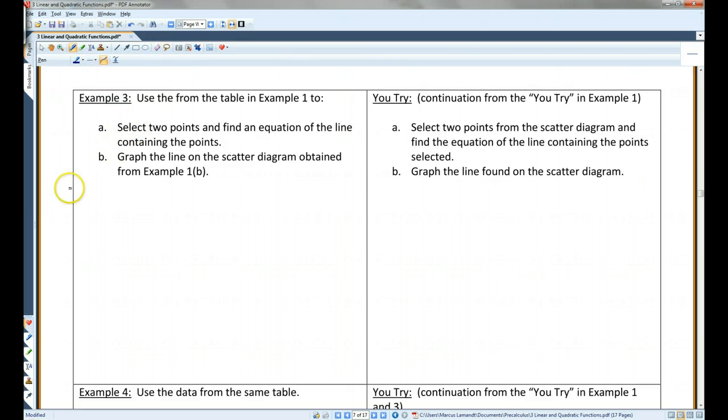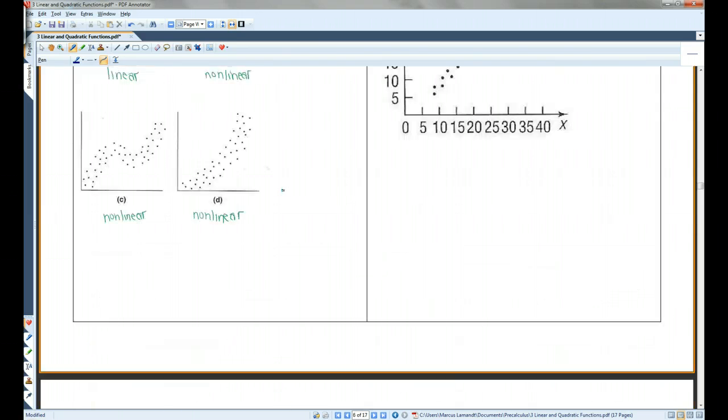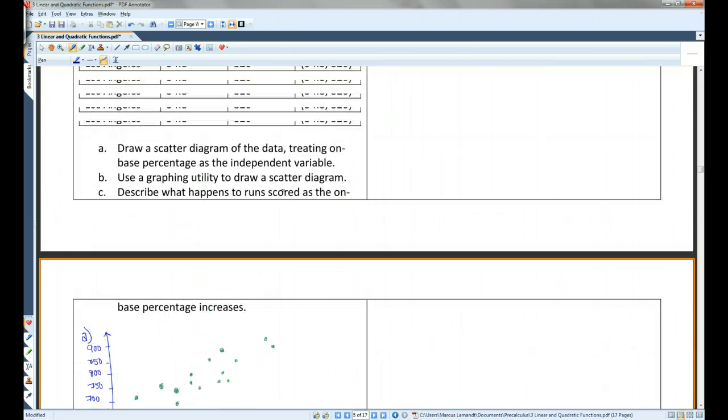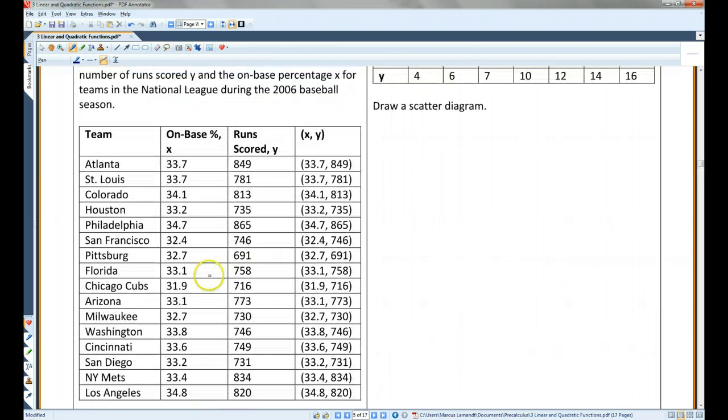I'm just going to pick, let's see, from the chart, 32.7, 730, and 34.7, 865. Basically what I did was I used this chart up here. Remember, we're using the chart from example 1. I used this point and, gosh, where did I see the 730? Oh, this one down here.